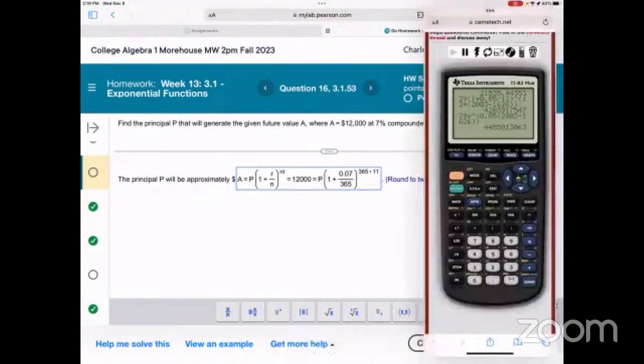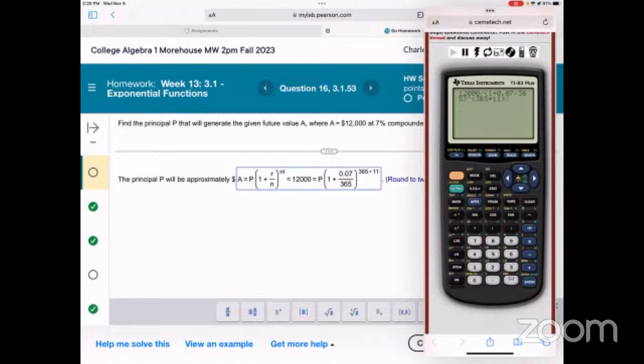Okay, let me type 12,000. Division is m. 12,000 divided by that number. So open parentheses, 1 plus 0.07 divided by 365, close parentheses, hat, open parentheses, 365 times 11, close the parentheses.